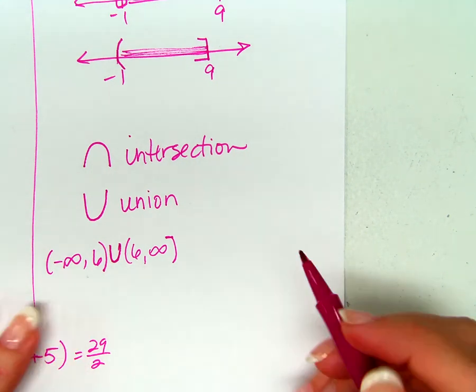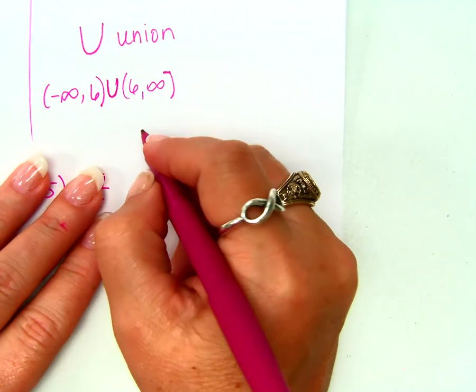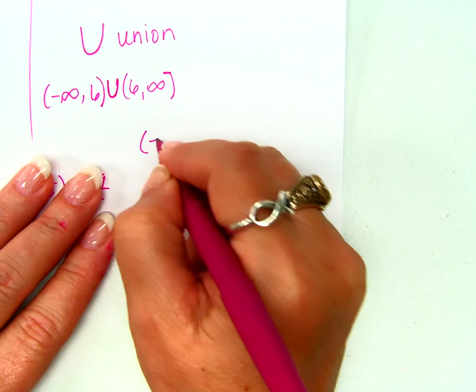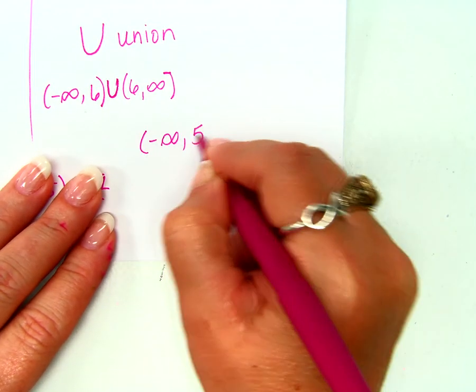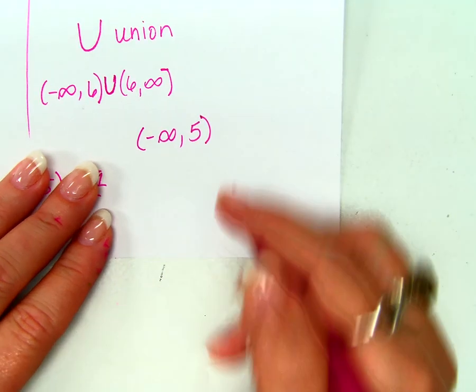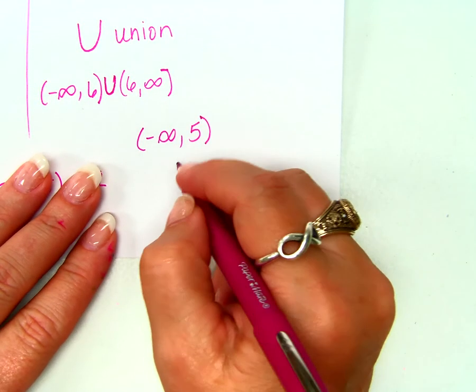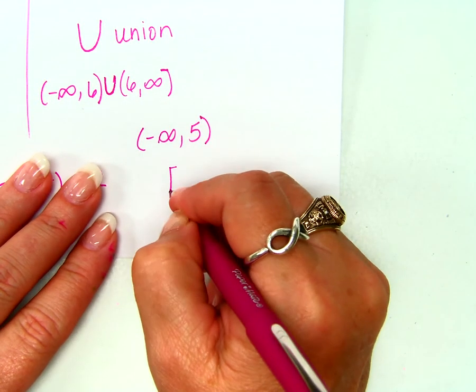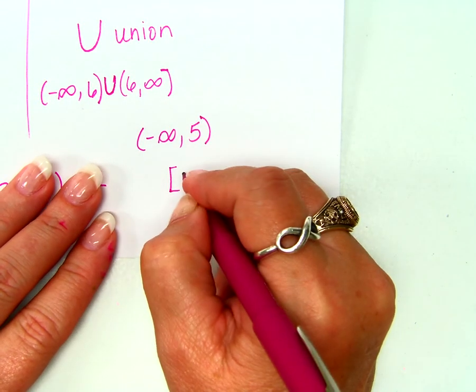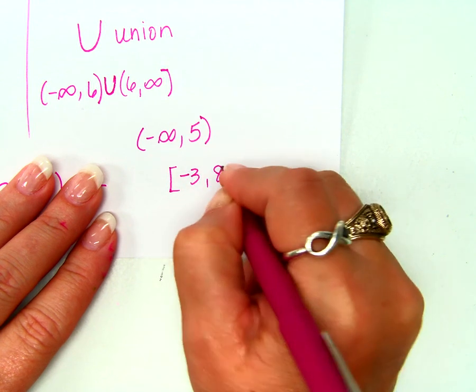Okay? So for instance, if I told you one set went from negative infinity to 5, and one set went from, let's just say, negative 3 to 8.